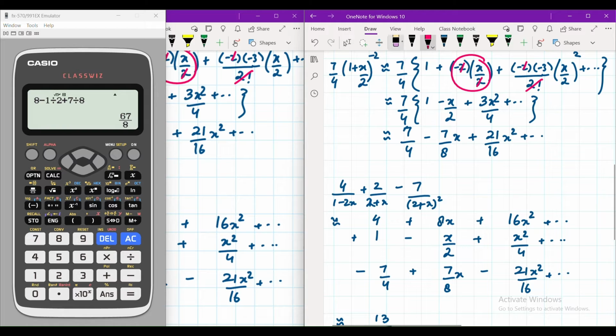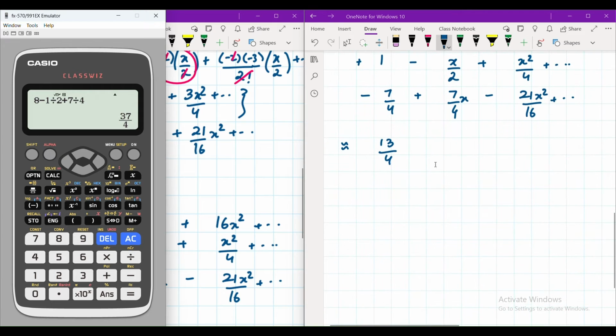We did not have to write the 2 over here, I mistakenly wrote it. So this is just 4, this is just 1, and this would be 4. So 7 over 4x. Sorry, so 7 over 4 instead. And that would be 37 over 4, so plus 37 over 4x.